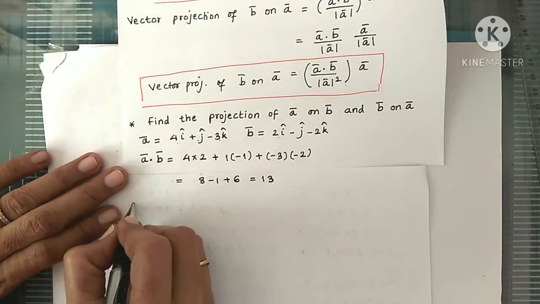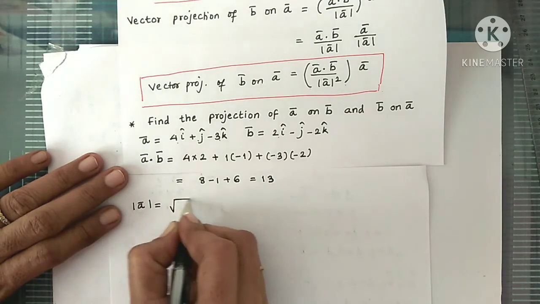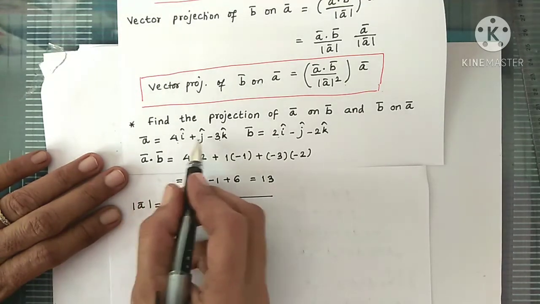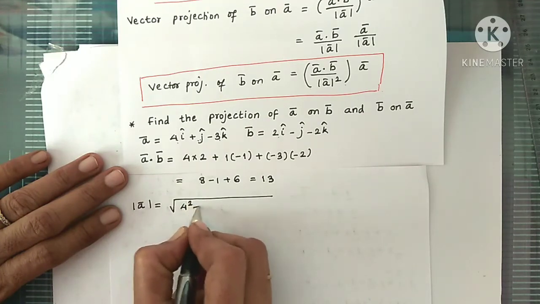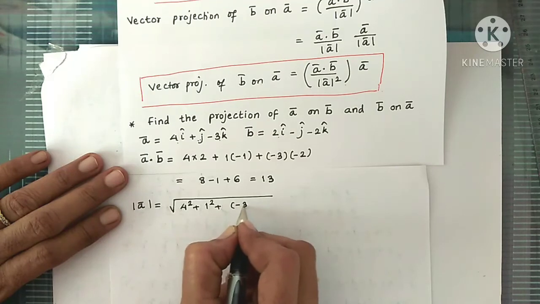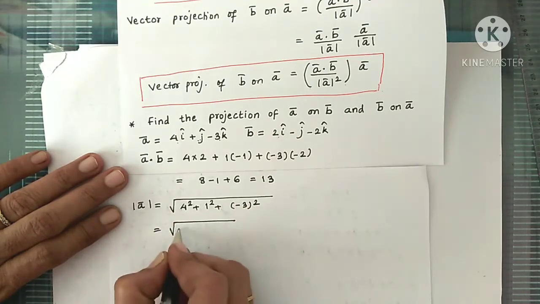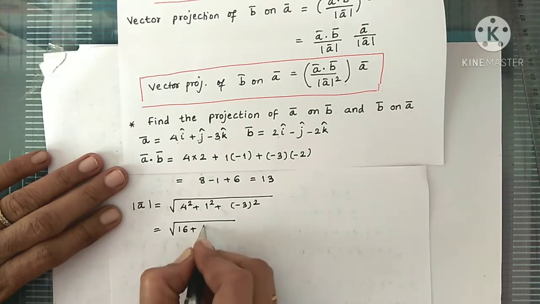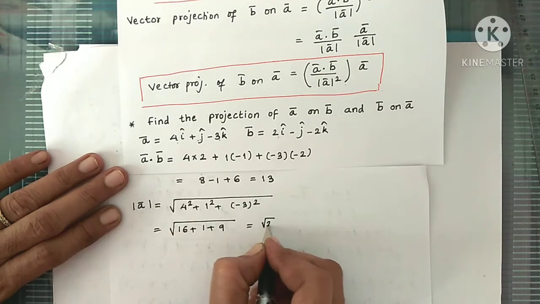Now let's find modulus of A bar. Modulus of A bar is root of 4 square plus 1 square plus minus 3 square. So that is root 16 plus 1 plus 9, which is root 26.